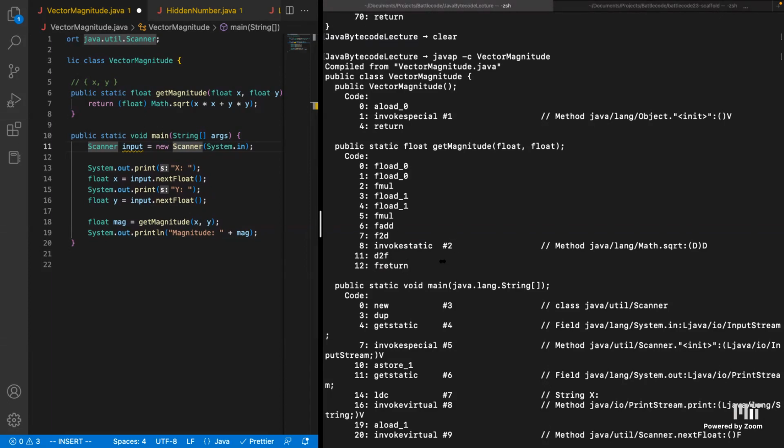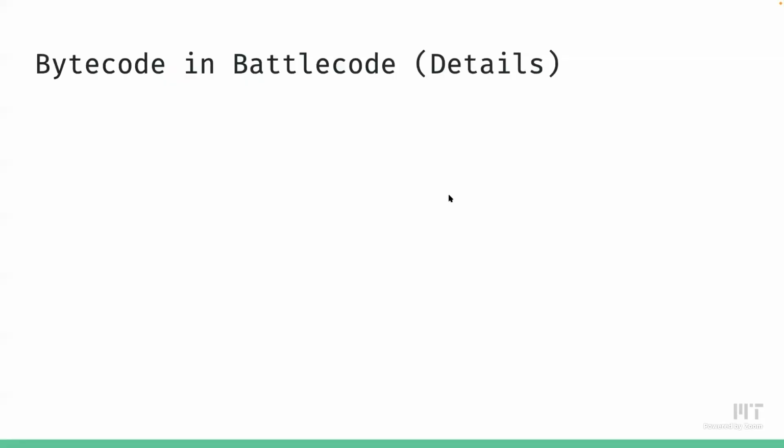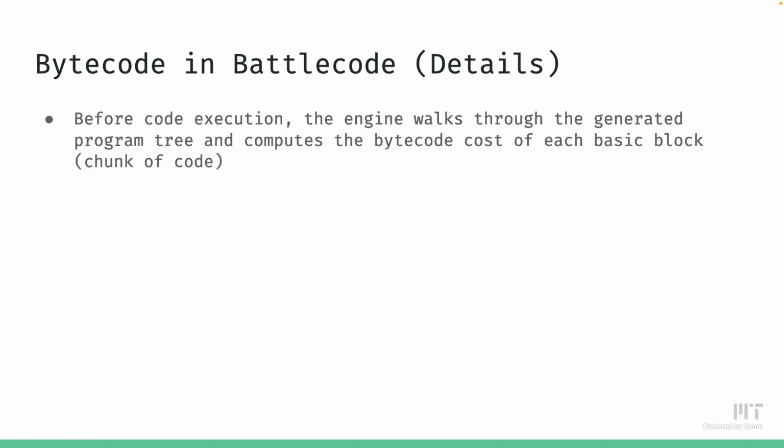Great. Okay. So that was a little basic quick intro to what bytecode looks like. Let's talk a little bit more about how it actually gets analyzed in Battlecode. Before any code gets run, the engine will walk through the compiled program tree and compute the bytecode cost of each section of your code.